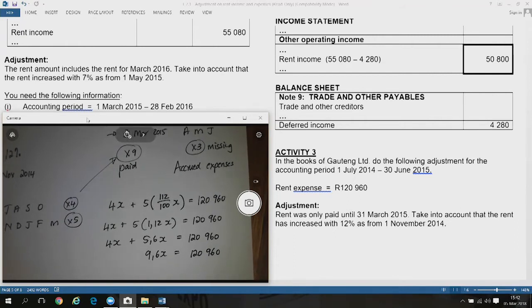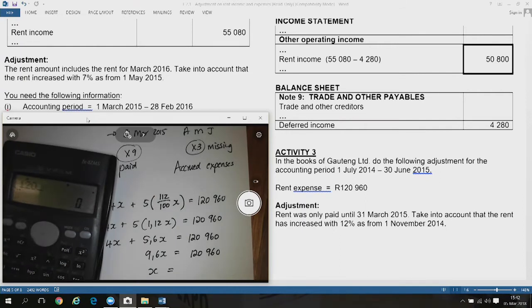Are you with me? So what is x? X equals 120,960 divided by 9,6. That gives you 12,600 Rand per month.